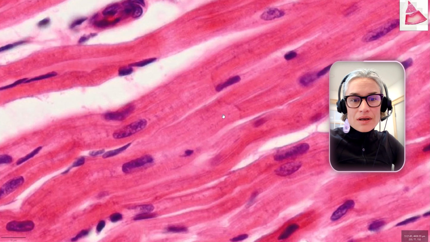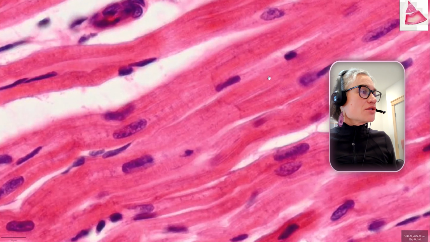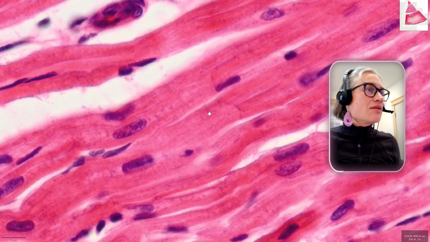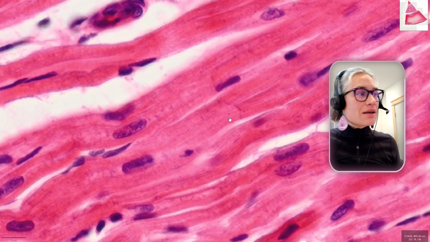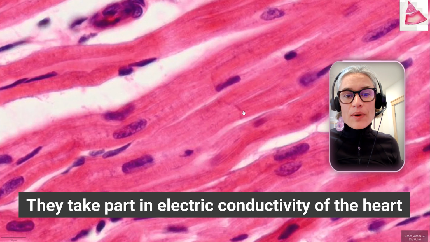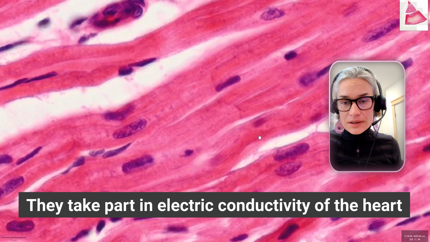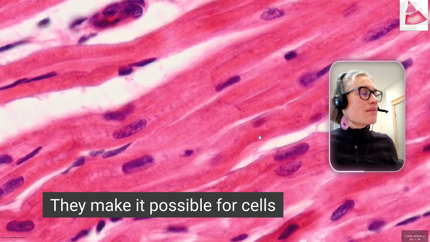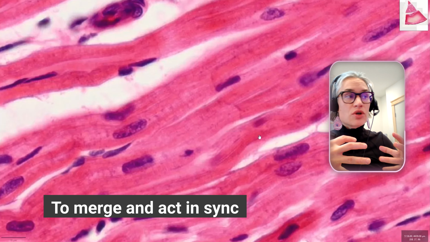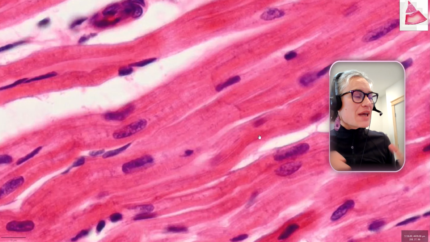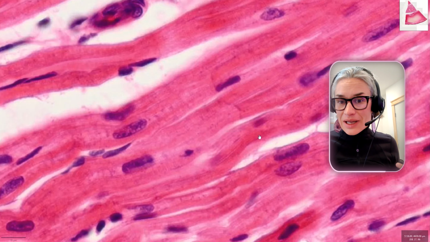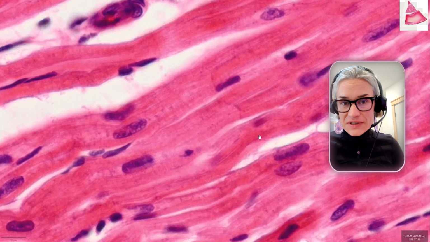This one here. So they are basically a junction of one fiber here and the other fiber on the other side, and they take part in electric conductivity of the heart. They make it possible for these cells to merge and act in sync and basically beat all together in the heart by creating this merger of cells called syncytium.